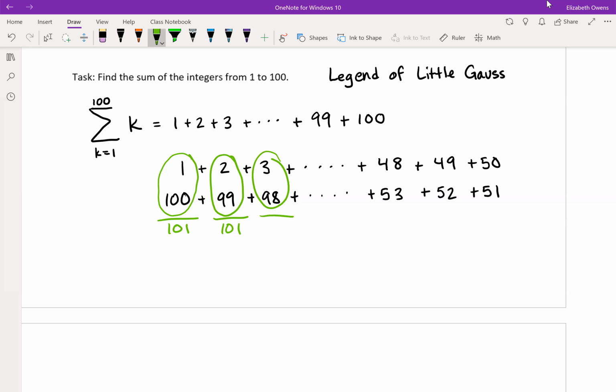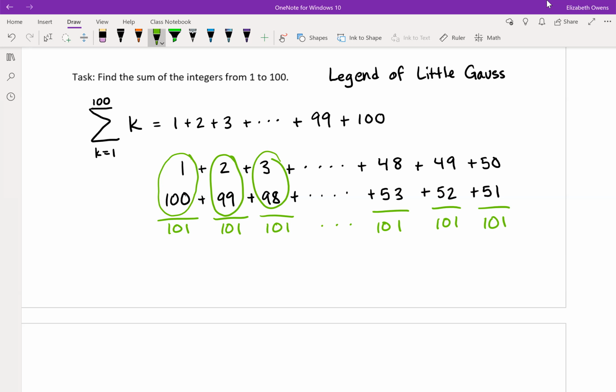And 3 plus 98, all the way through 48 plus 53, that would be 101. Oops, not suddenly 100 there, typo on my part. Okay, so, oops, there was another typo there. 101. All right, so every single pairing of numbers there added up to 101.